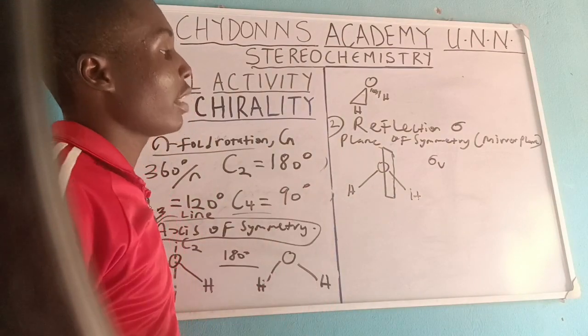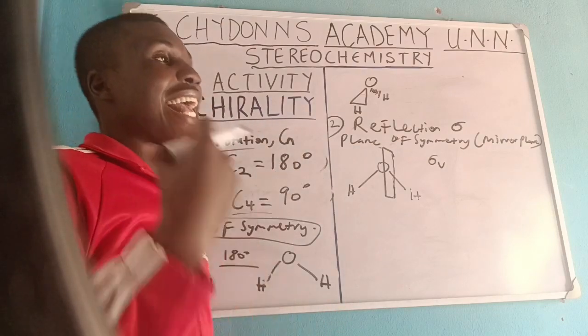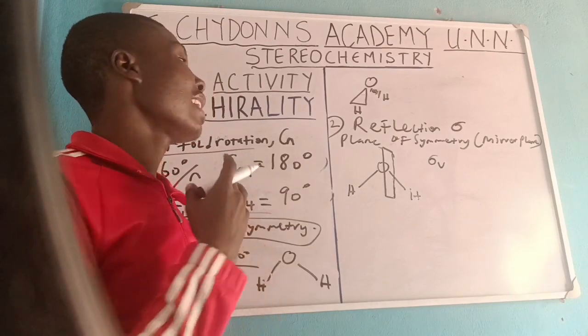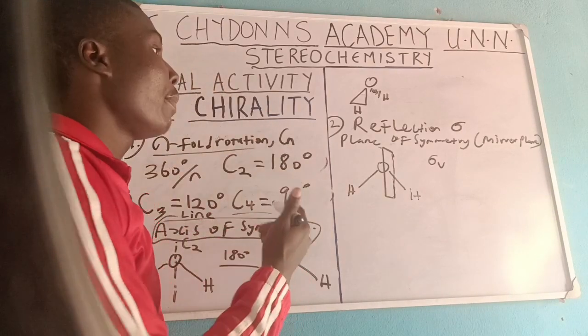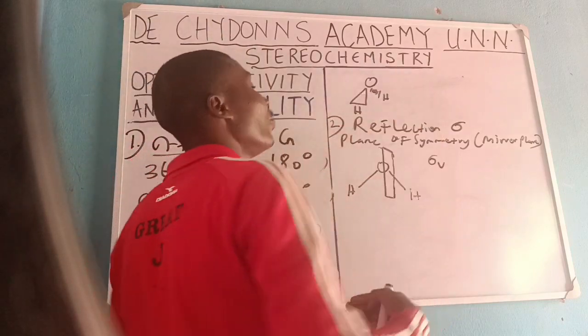Now, another plane of symmetry we can still see in this water is what we refer to as external plane of symmetry. Now, external plane of symmetry simply refers to the plane that occurs when the plane cuts through the molecule.